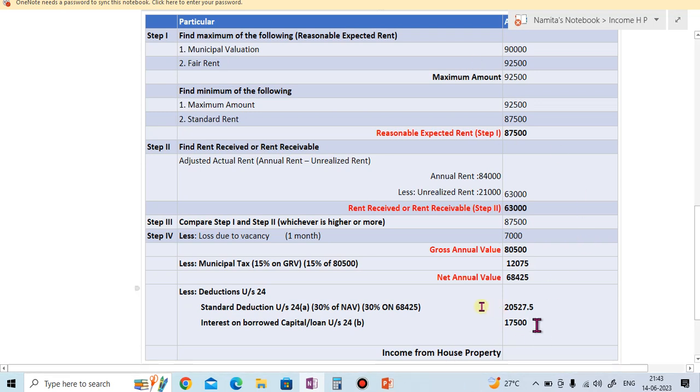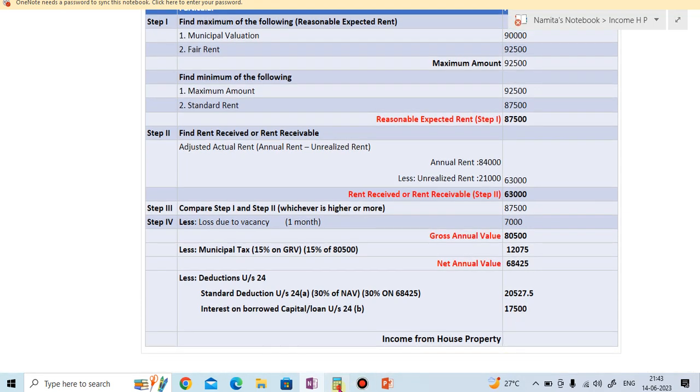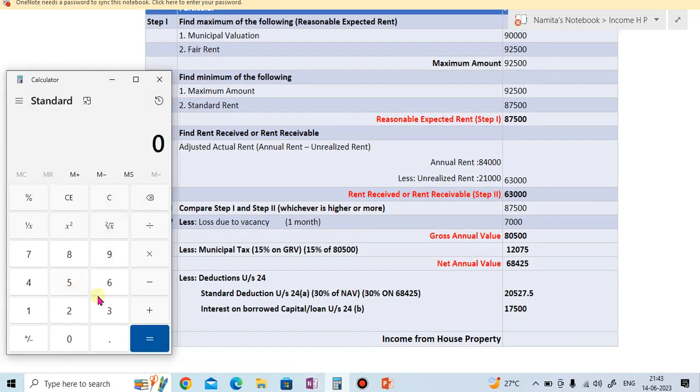Okay. So now from net annual value we have to minus 20,527.5 and 17,500. So total we get 68,425 minus 20,527.5 minus 17,500.